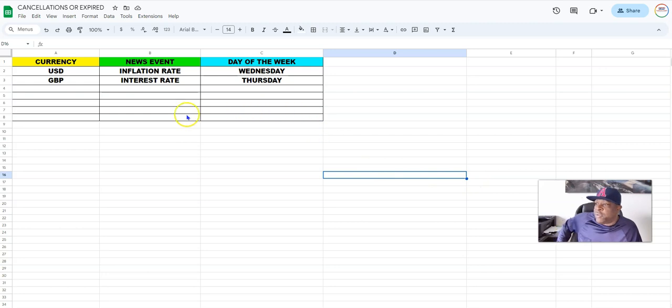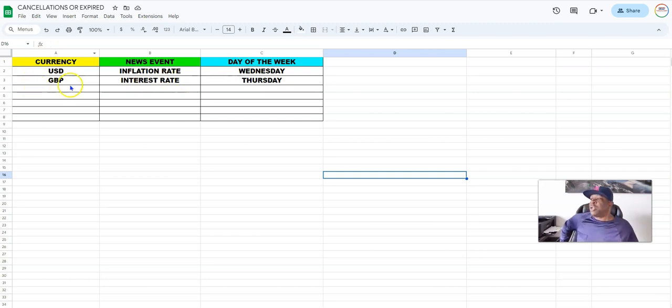All right. There's two big news events. There's others out there. Please do your own due diligence. Don't always follow me. But these are just the ones that I'm paying attention to that caught my eye. There's some CPI data, core inflation data, that's out there as far as news, but check it for yourself. But for me, the one that is on my radar is the USD inflation rate, which comes out on Wednesday. The inflation rate numbers are basically controlling the interest rates as well, which, by the way, is a whole different story of manipulation going on in the markets, but I ain't got time for all that.